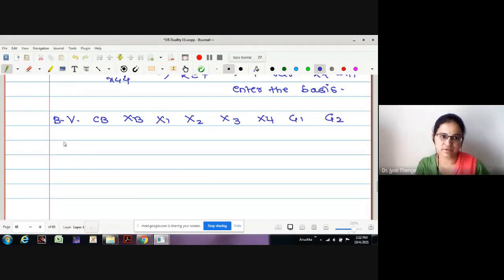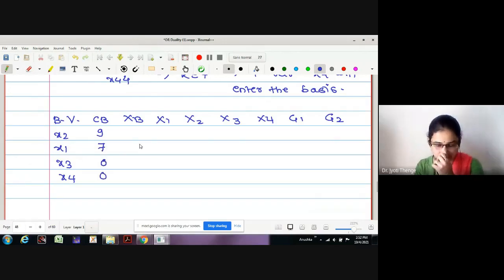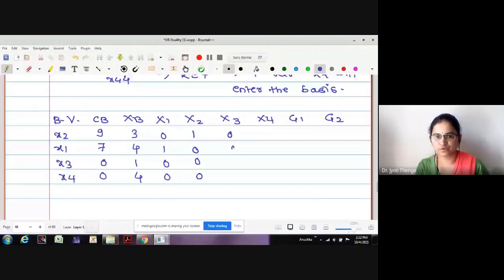Basic variables will be x2, x1, x3, x4. Cost will be 9700. Values of the basic variables are 3, 4, 1, 4. x1 is 0, 1, 0, 0. x2 is 1, 0, 1, 0, 0, 0. x3 is 0, 0, 1, 0. x4 this.